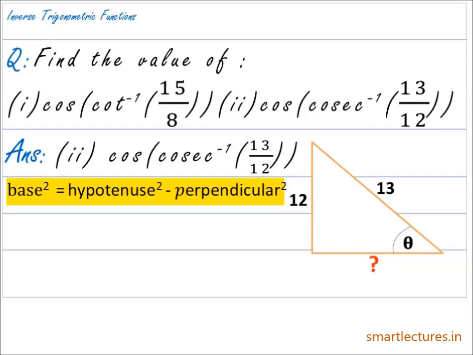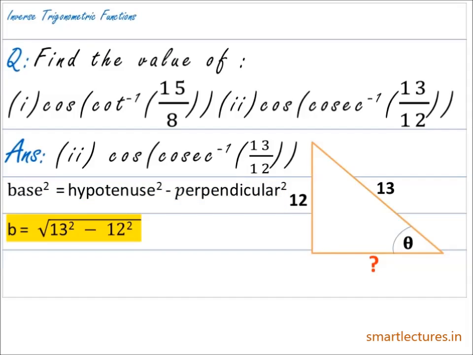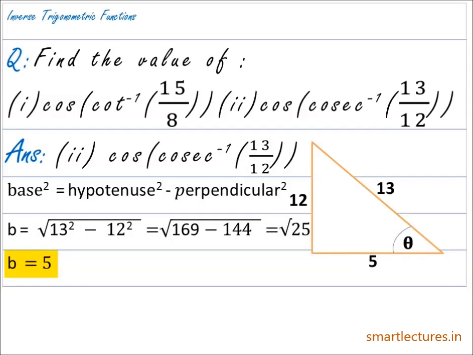So the base is equal to the square root of 13 square minus 12 square, which is equal to the square root of 169 minus 144, which is equal to the square root of 25, and that is equal to 5 units.